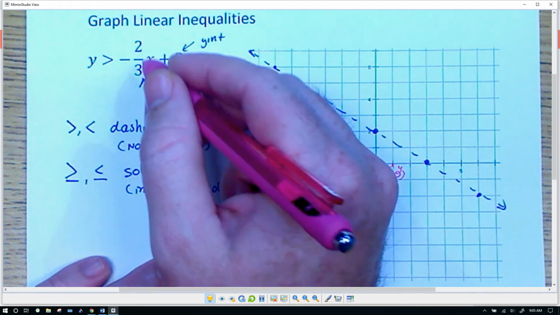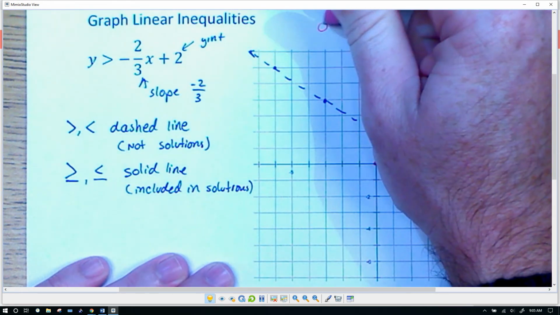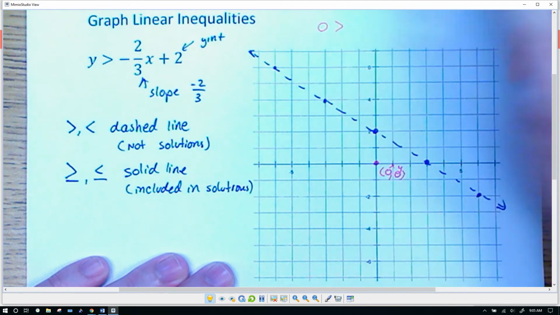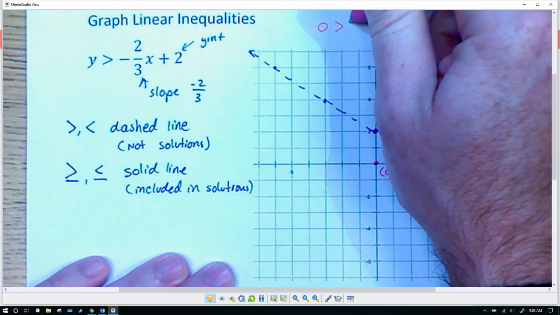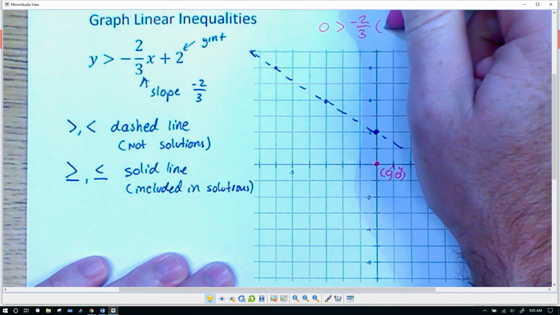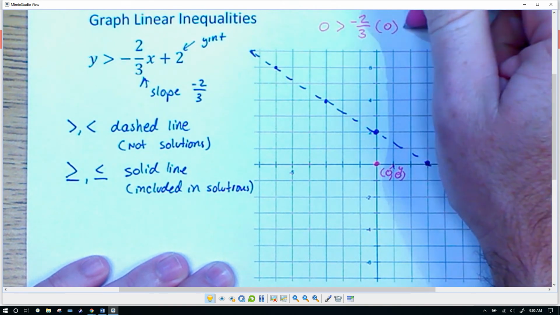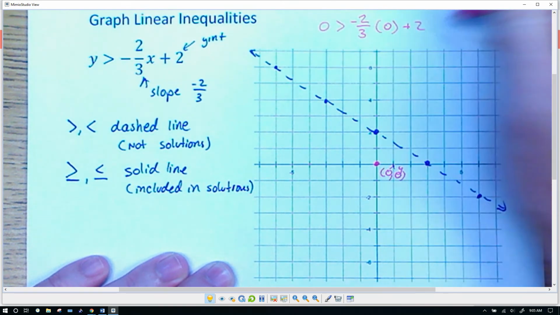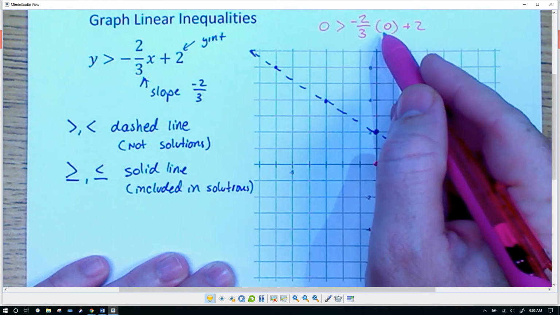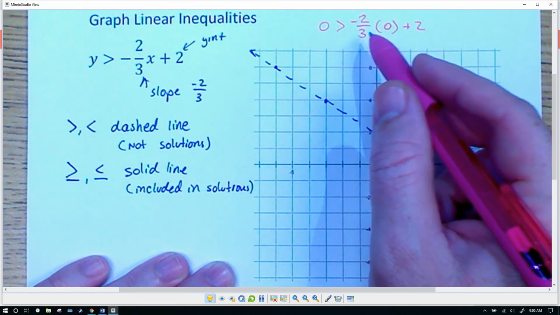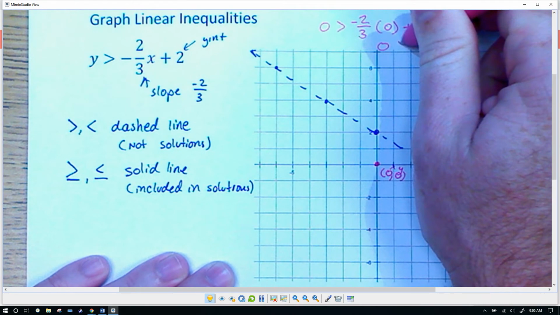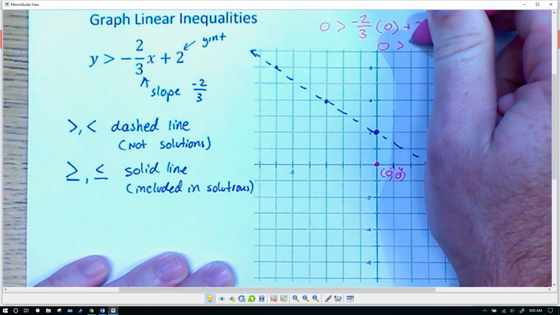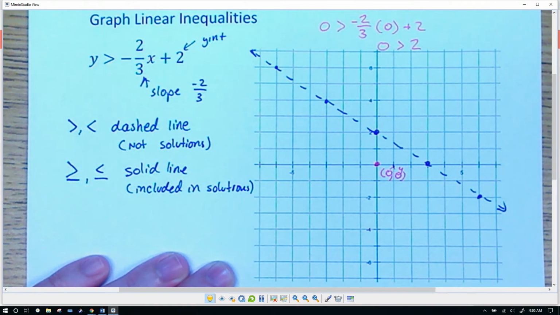So again, choose 0, 0. I'm going to plug it in. 0 for y. So 0 is greater than negative 2/3 times x, which is also 0, plus 2. So is 0 greater than 0 plus 2, and 0 plus 2 is 2. Is 0 greater than 2?